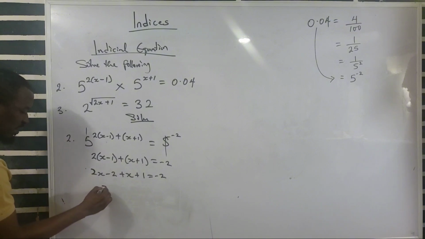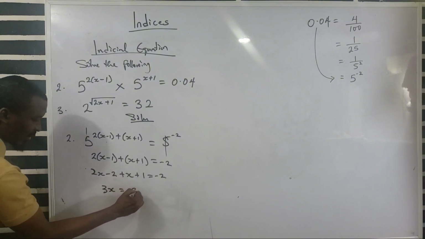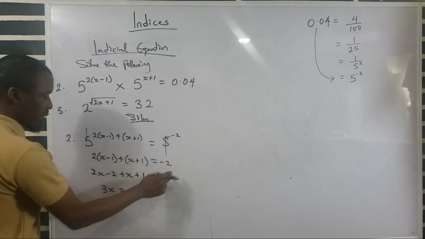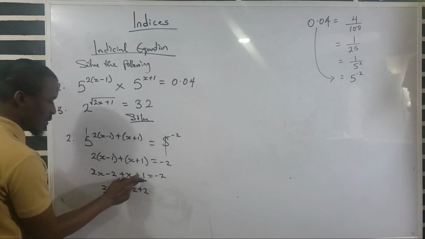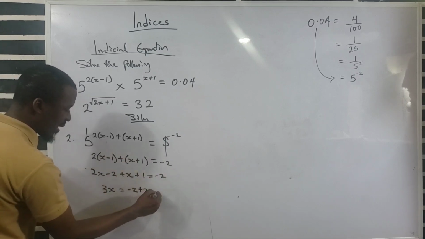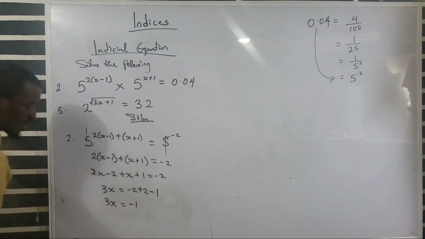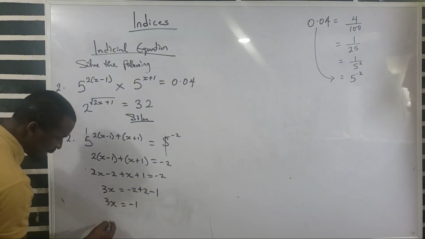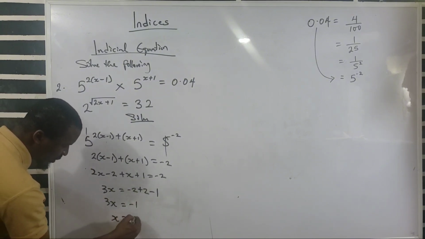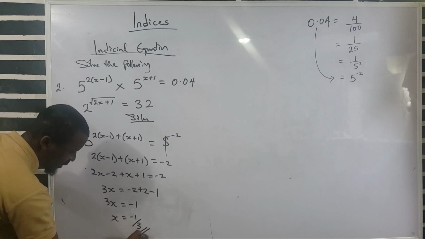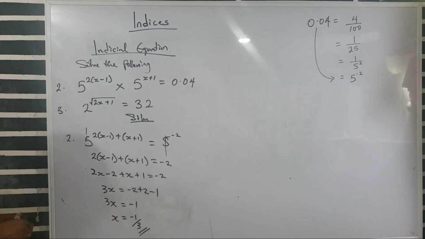This and this will give you 3x equals minus 2. Minus 2 here crosses over, I have plus 2. Plus 1 crosses over, I have minus 1. So that will give us 3x equals minus 1. Divide both sides by 3. You have x equals minus 1 over 3. So that becomes the answer of that one.